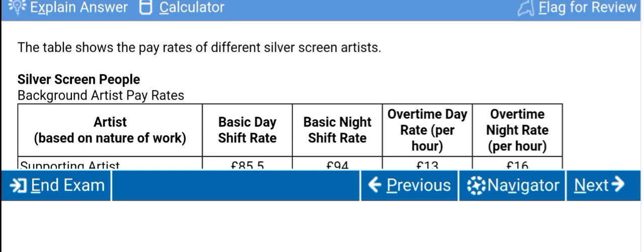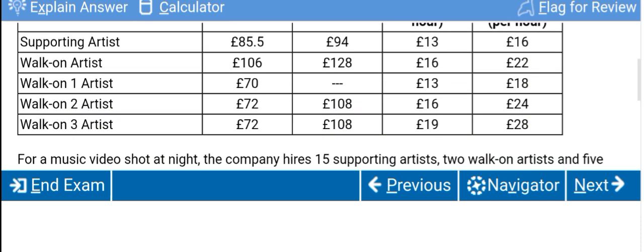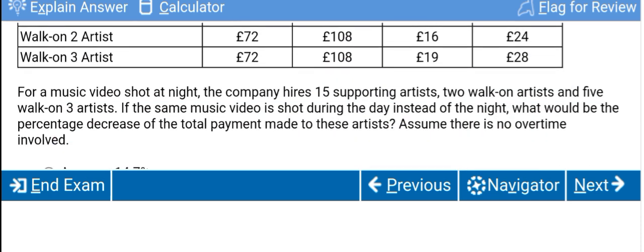Then again we have the same statement with the same table. The question is that for a music video shot at night, the company hires 15 supporting artists, 2 walk-on 2 artists, and 5 walk-on 3 artists.